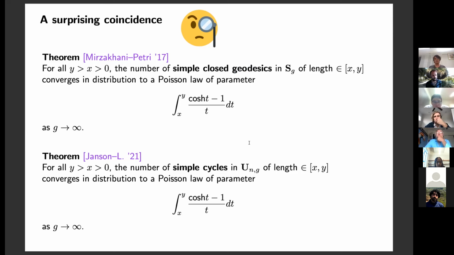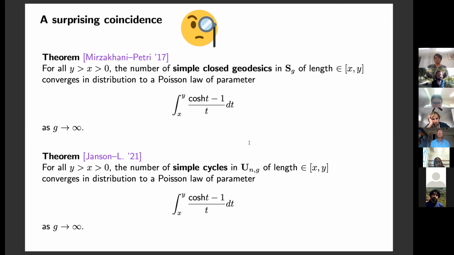And so last year we did the same with Svante Janson. We counted simple cycles, so now curves for us are just simple cycles of the same length with respect to the rescaled graph distance, and we obtained the exact same result. We obtained the exact same distribution for these short curves.